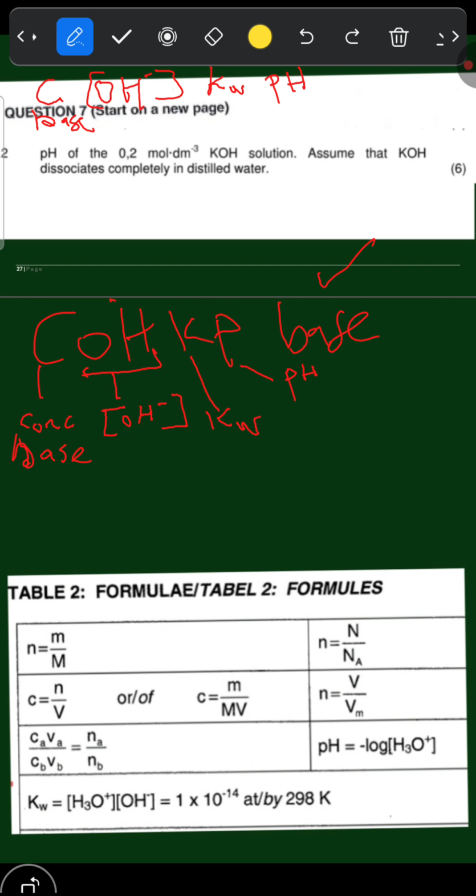A base produces OH minuses. K is for KW, which is the KW formula here at the bottom. Then P is the pH. Now you come to this formula and you actually perform your pH calculation, right?